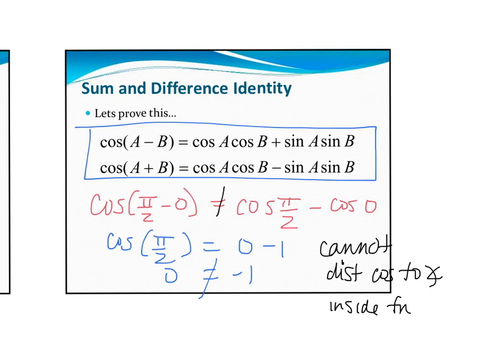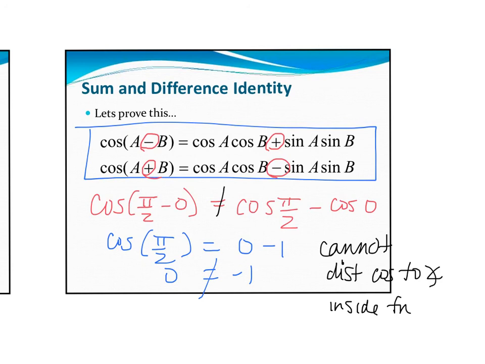And while this formula looks kind of messy, what I want you to recognize is that the right side of the formulas are both the same, cosine, cosine, sine, sine. The only difference is which sign, as in positive or negative, is in between the two terms. When I'm working with a subtraction of angles, I add those terms. When I'm working with an addition of angles, I subtract those. That's really the only difference.